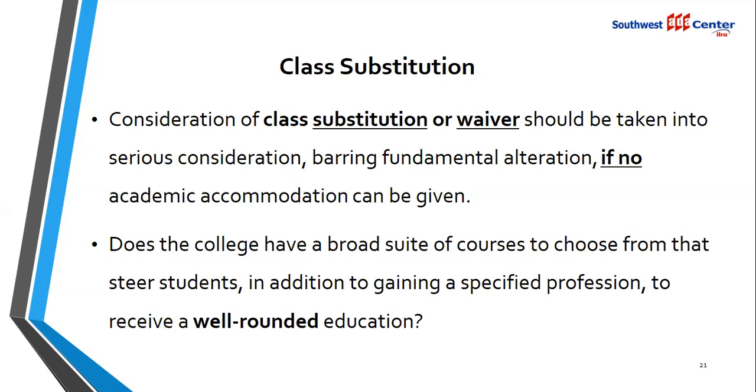Let's talk about class substitution. We know for many higher education institutions, they have an approach that's called a well-rounded education. A well-rounded education is not only do you take classes in your degree, but you take other classes outside your degree so that the institution produces what they call a well-rounded educated person.